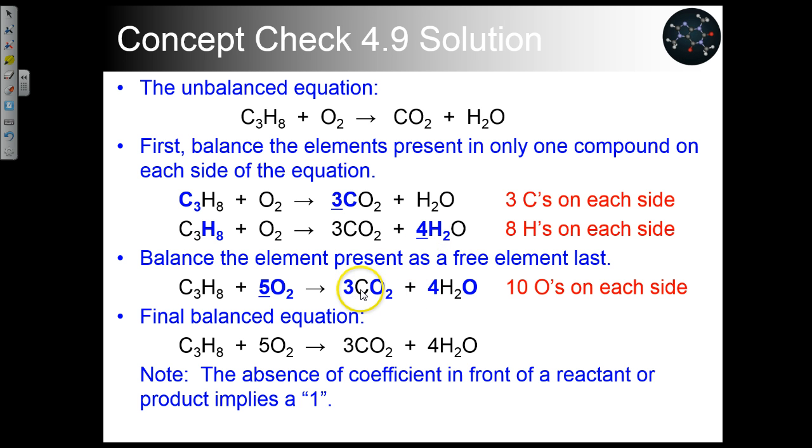Did I mess that up? No, 10. 0 is 4. So that means I have to have 5 on this side. With here, so I have to have 5 oxygens, carbon dioxides, and 4 waters.